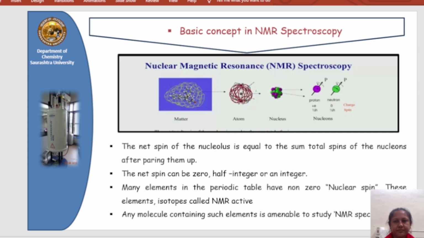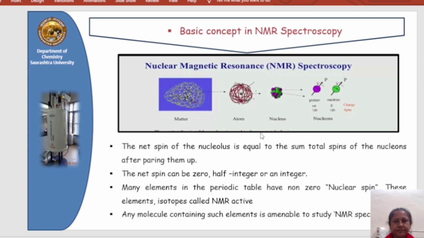What is NMR spectroscopy? In this picture, we see matter. Matter, or a sample or molecule, is made up of atoms, as per basic chemistry or physics.